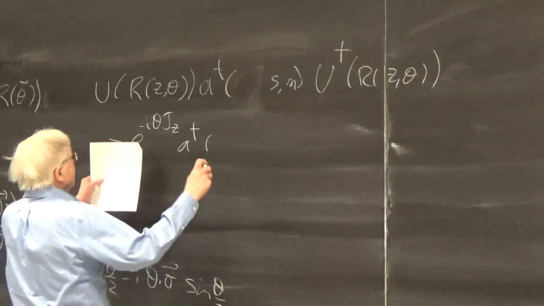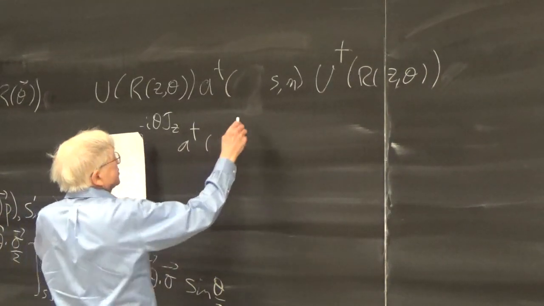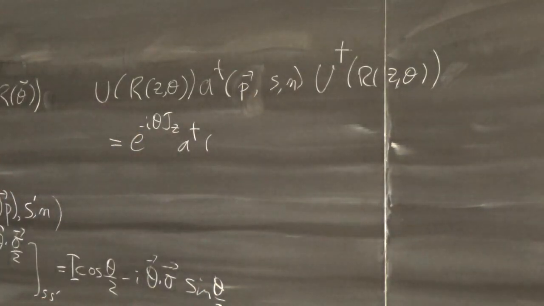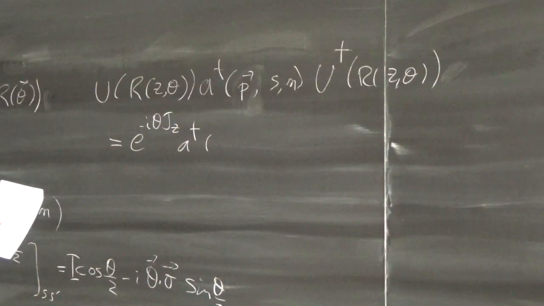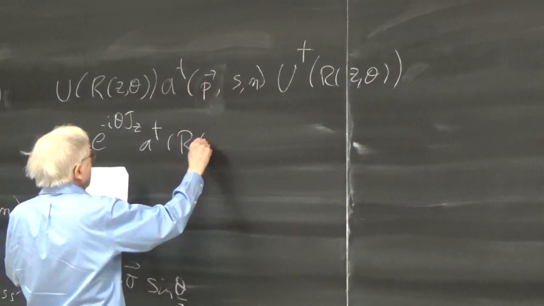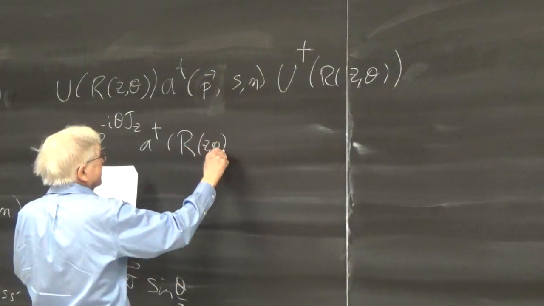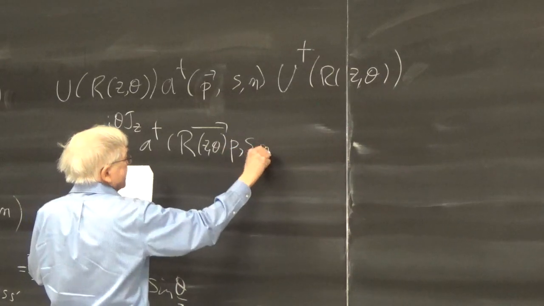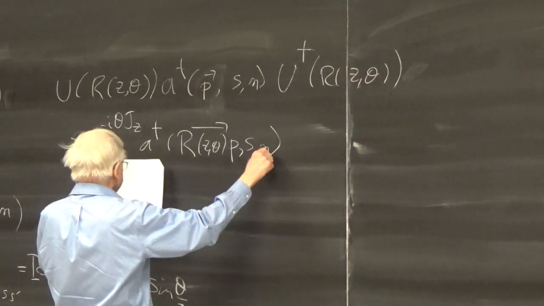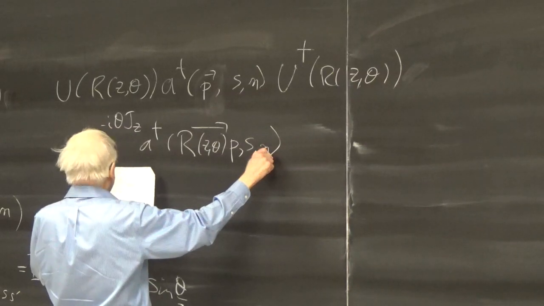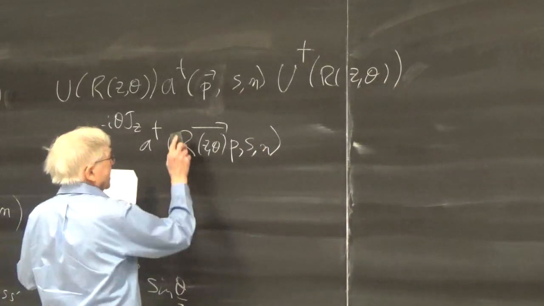So here the notes were right and the brain was wrong. So we're letting momentum be in an arbitrary direction, but we're rotating about the z-axis. And so this is R of z and theta acting on p, comma S_n. Wait, sorry, even that's wrong.